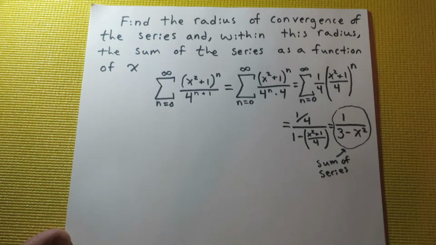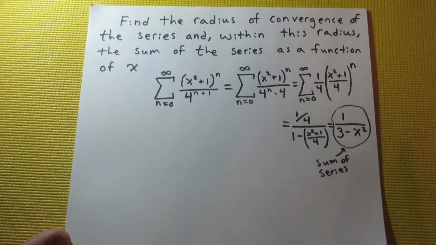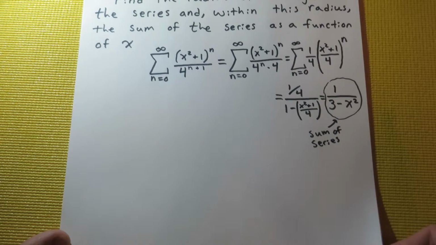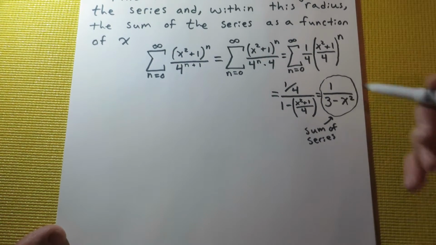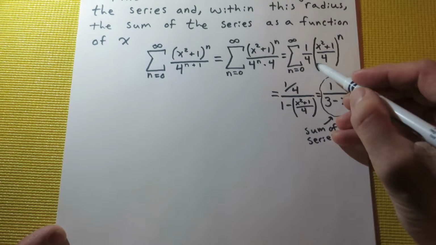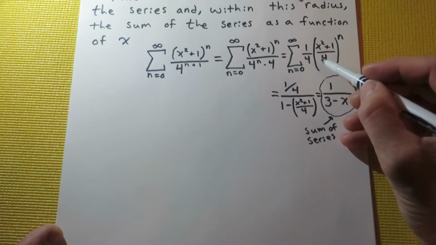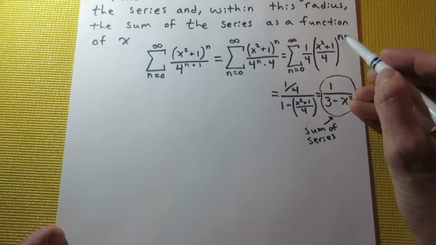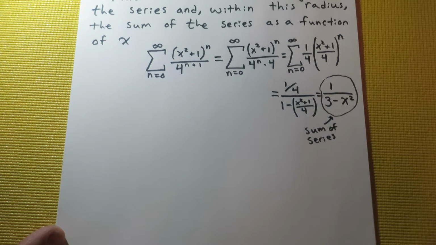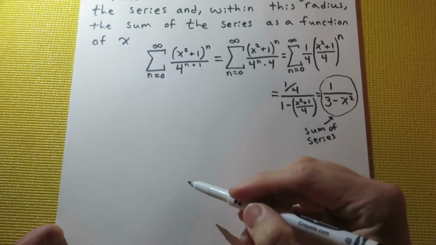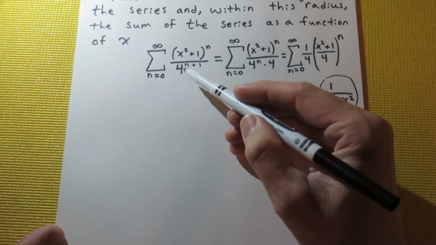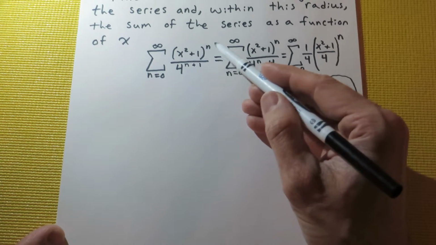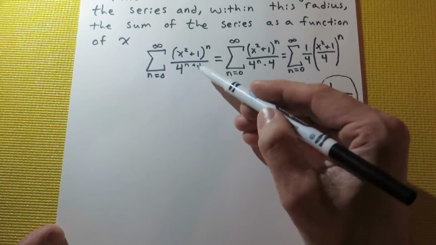But we still need to figure out what the radius of convergence is going to come out to. It's good that we have simplified things to this geometric form, because when we do our ratio test, it makes it easier to figure out what our n plus 1th power is going to be, so we don't have a bunch of n plus 1s to evaluate.